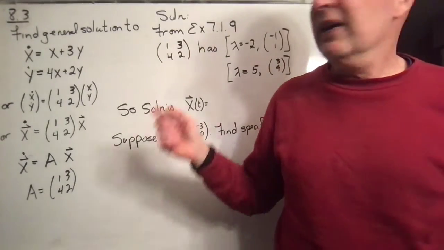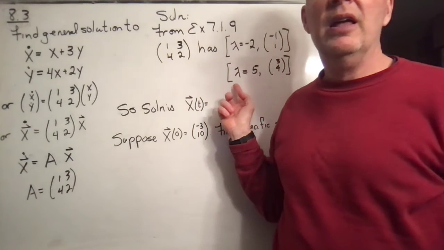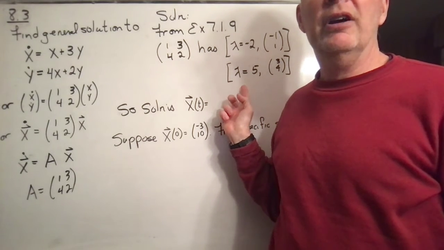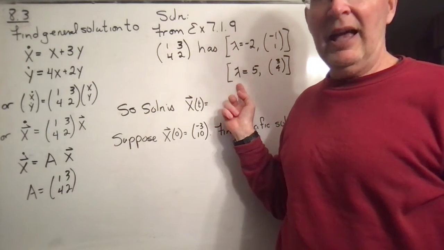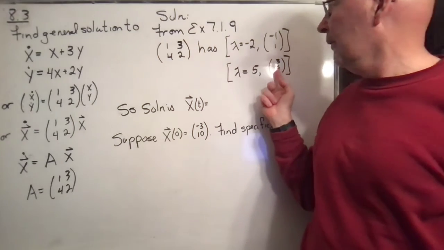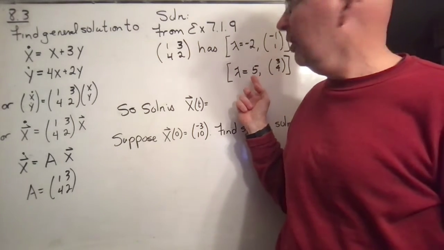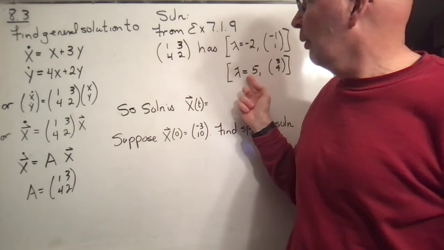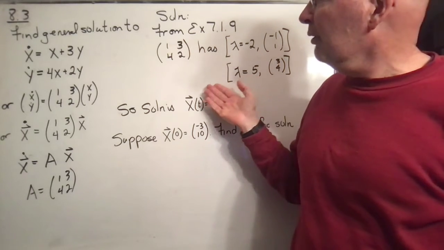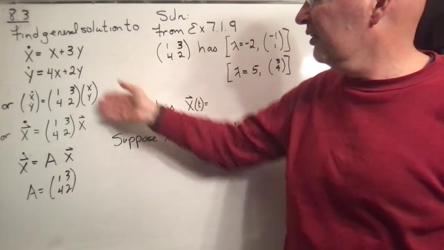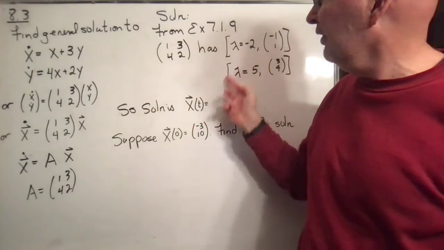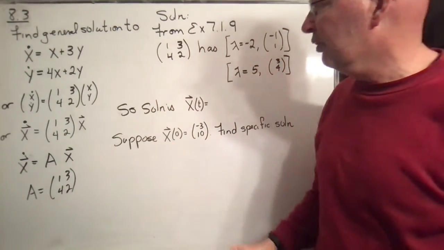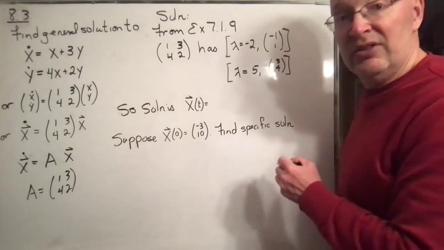And then the eigenvalue of 5 has the associated eigenvector of 3, 4. Okay, so that was all what we've done already. So it turns out that's basically all the work that's needed for this. So we can just peel this off to get the solution. So the general solution is this right here.